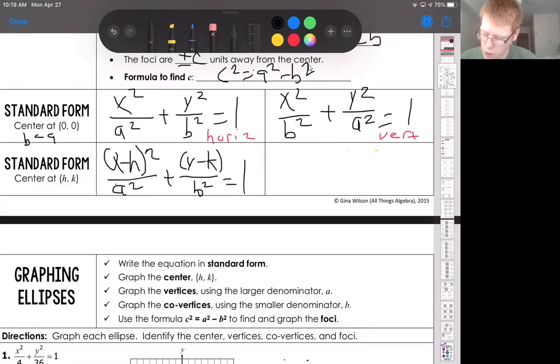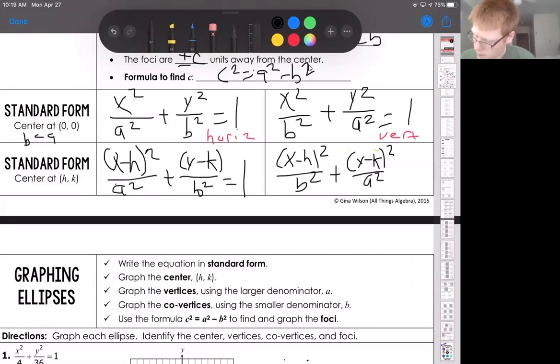And it's still always going to be set equal to 1. And once again, the left box is horizontal, the right box is our vertical.